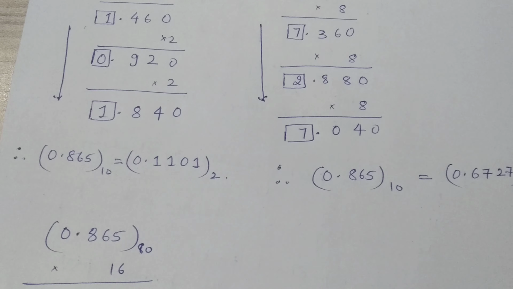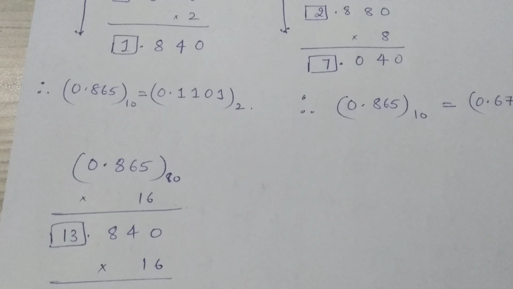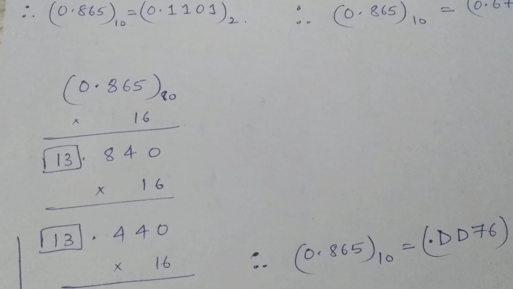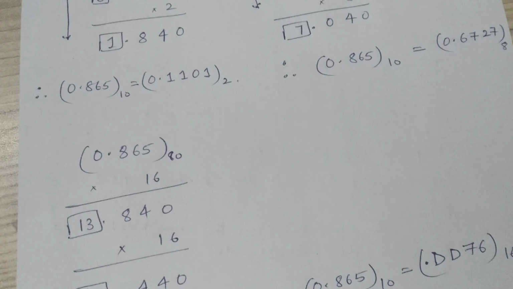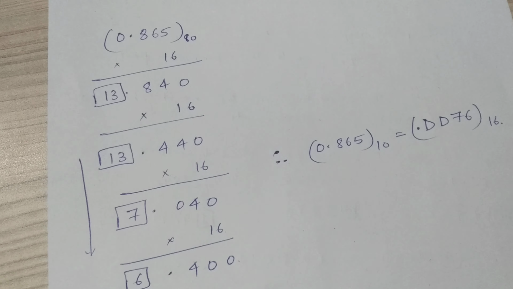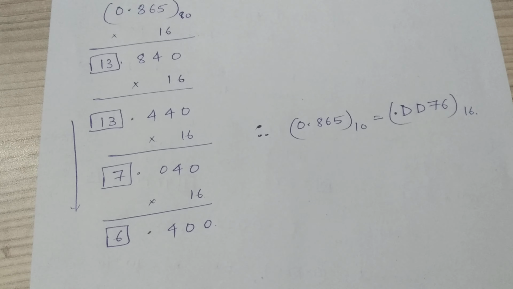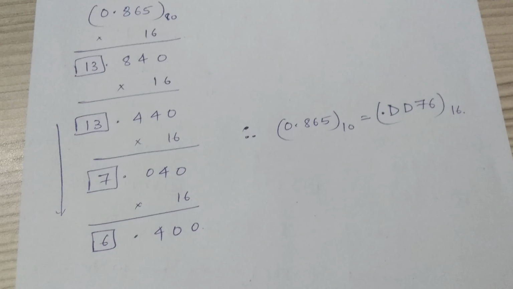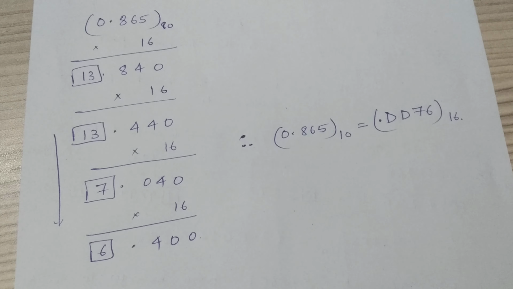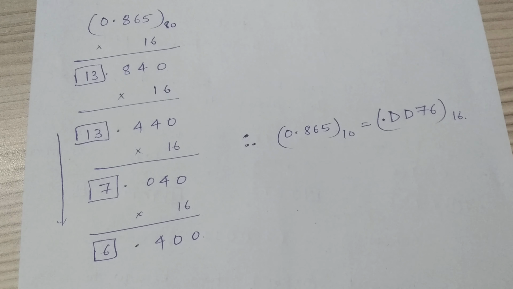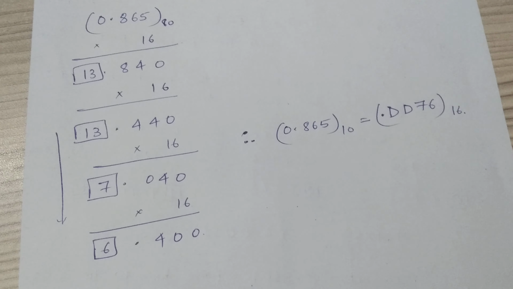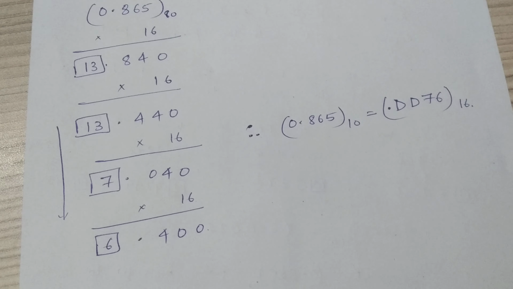So a very simple calculation. Next I have converted into base 16, that is a hexadecimal fraction number, multiplied by 16 and done in 4 steps. Every multiplication, I kept the non-fractional part, and the fractional part carried forward and multiplied by 16.